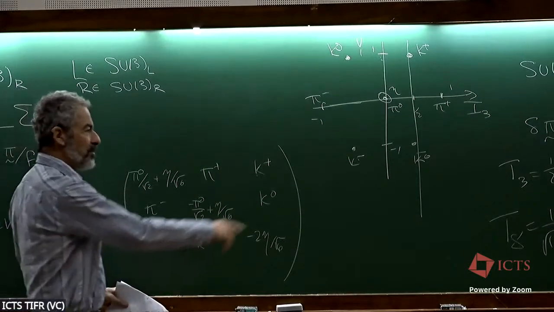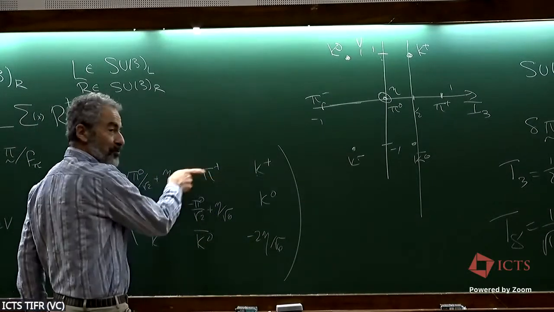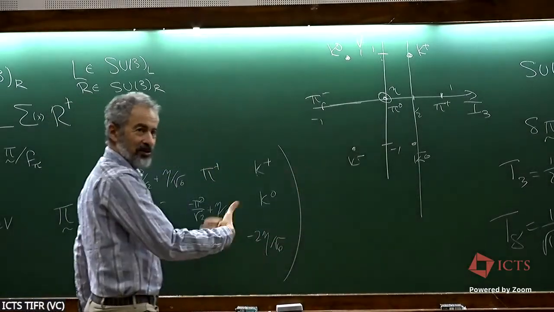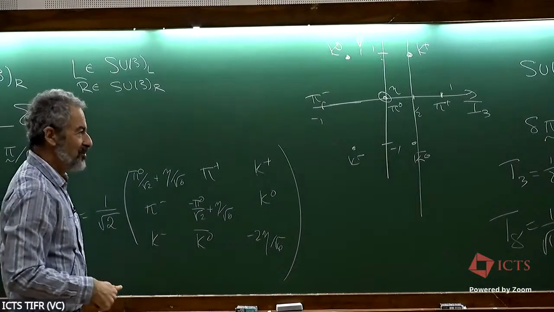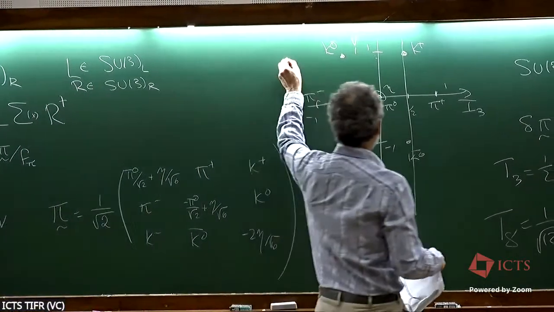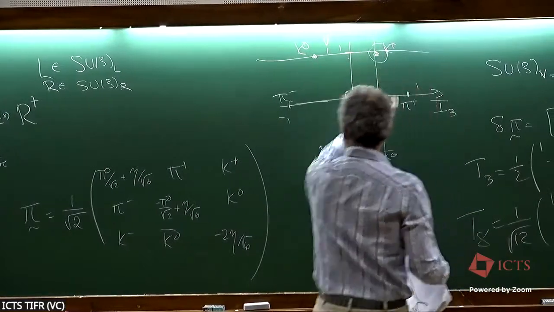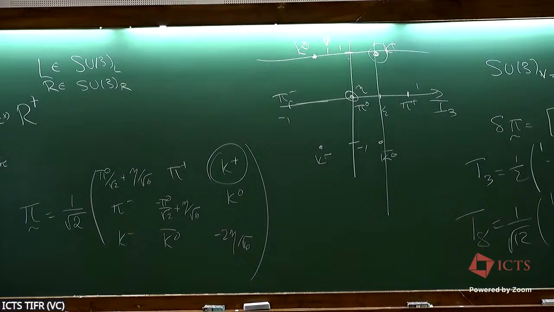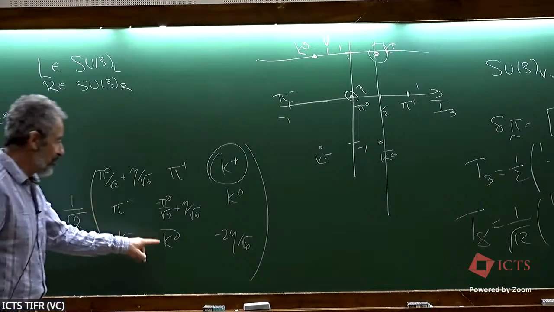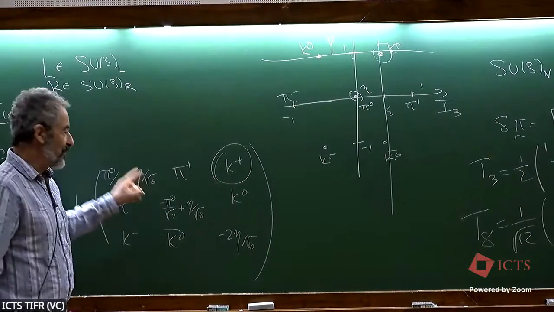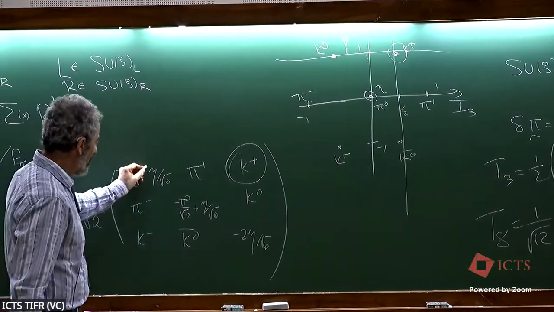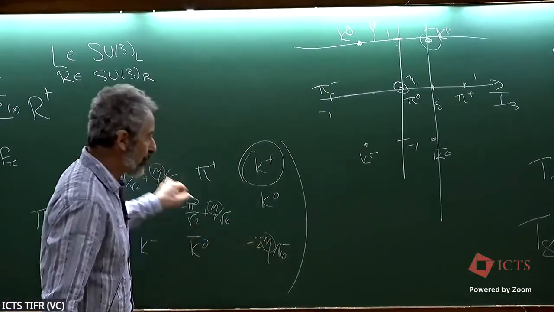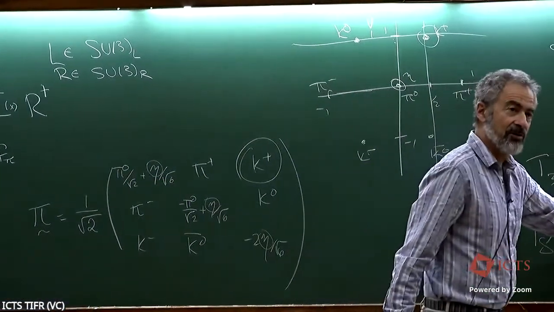And then when I commute it with Y, I get a 1/3 when I act on this side, and I get a plus 2/3 when I take the other part of the commutator from that side. So it has to have hypercharge 1. And so I identify this part of the matrix as being the K plus. You can do the same thing for all the off-diagonal ones. It's very straightforward. For the diagonal ones, notice that the etas are proportional to the T8 matrix.